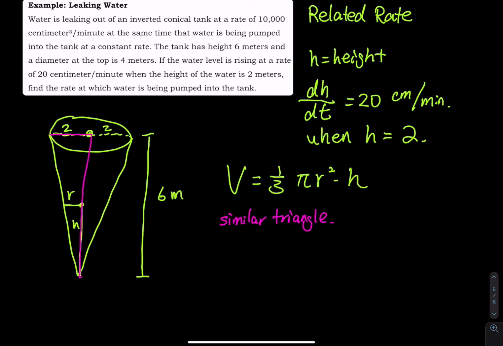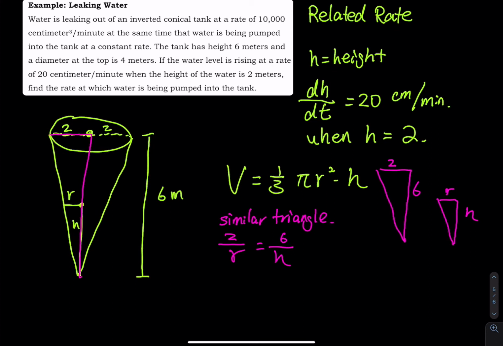For the big triangle, the radius is 2 and the height is 6. For the smaller triangle, this is r and this is h. So we have 2 divided by r equals 6 divided by h, and we try to put this in terms of h.